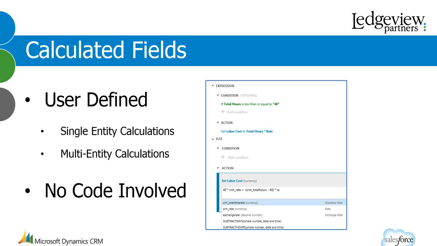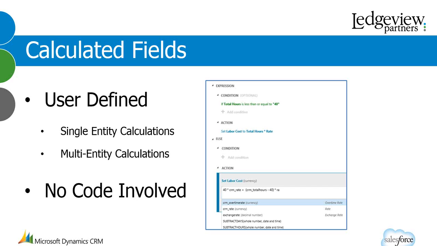If you look at this example right here, it is doing a calculation on total hours. And it's just saying if total hours is less than or equal to 40, then you can just do the rate times the total hours. Otherwise, if they worked more than 40 hours, you can do a more complex calculation as shown on the screen.